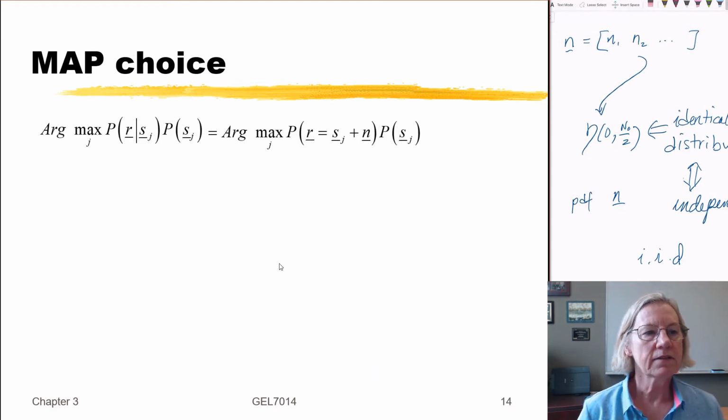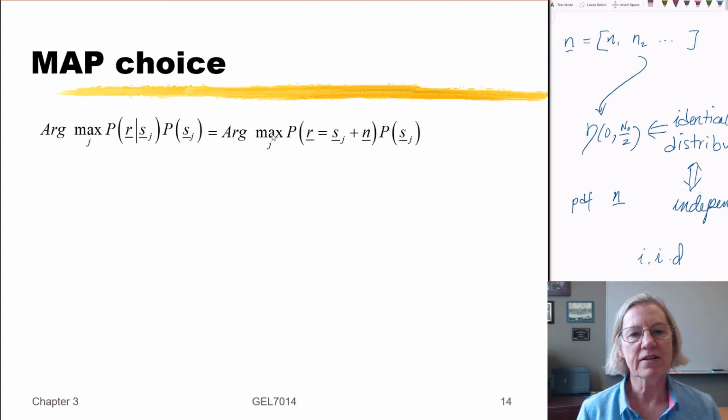So again, putting it in cleaner mathematics, we would say that the MAP choice is the argument. Again, that means which value of this j actually succeeds in the optimization.